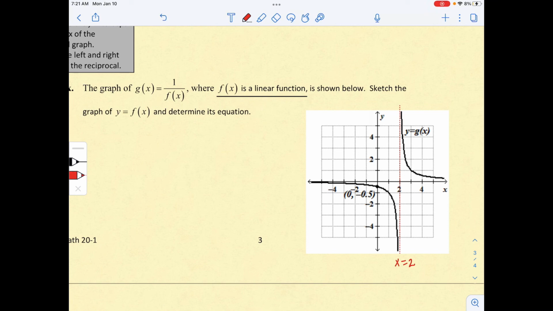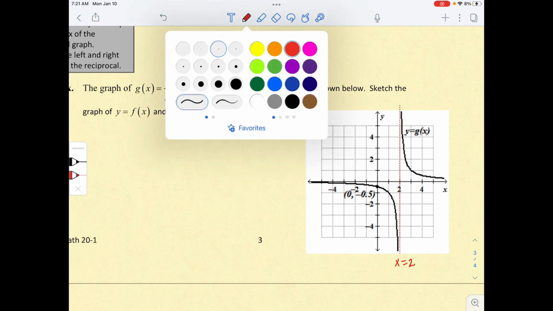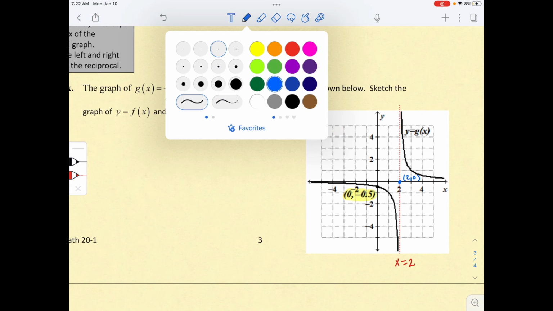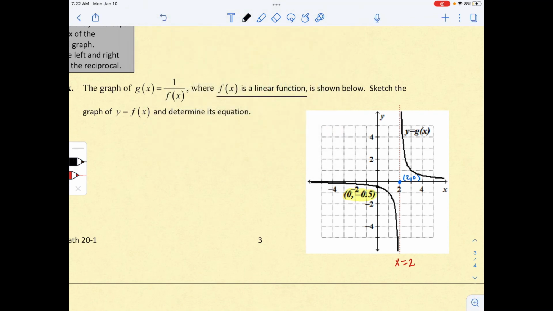That gives me the hint that there was an x-intercept at (2, 0) on our original function. They've also labeled (0, -1/2) on our reciprocal function, so the corresponding y-intercept on our original function would have been (0, -2).